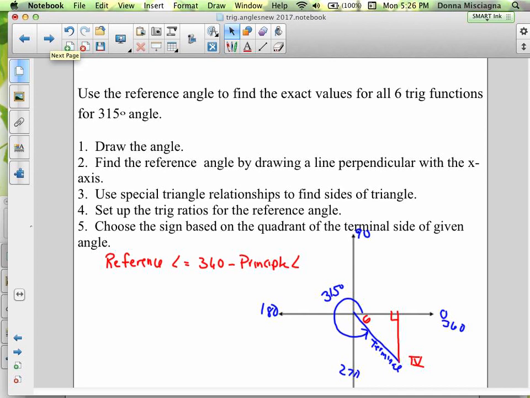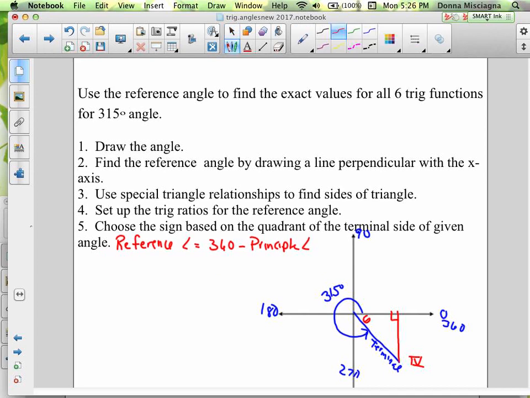I'm going to move this up here. So that means that the reference angle, I'll abbreviate that, is going to be 360 minus 315 degrees, or 45 degrees. So theta here, which is our reference angle, is 45 degrees.